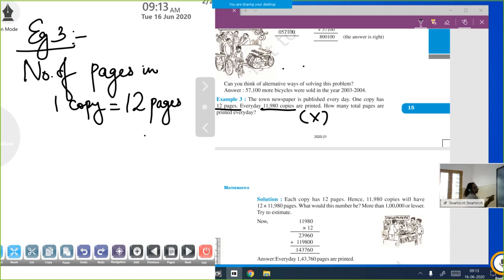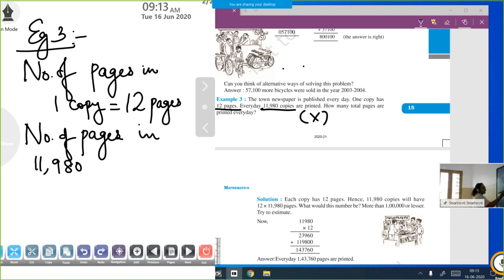Then number of pages in how many copies are there? 11,980 copies. We have to find the number of pages in 11,980 copies. So what to do, children? We have to multiply 11,980 multiplied by 12.